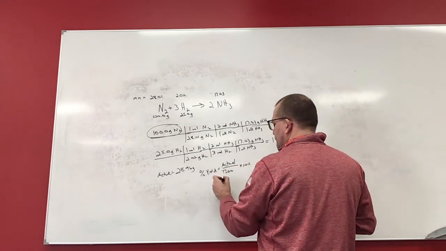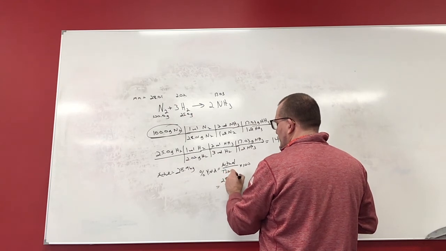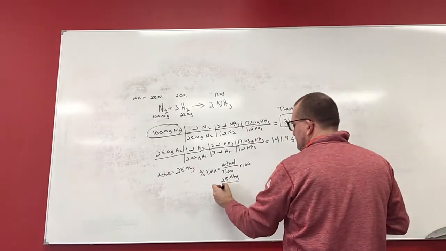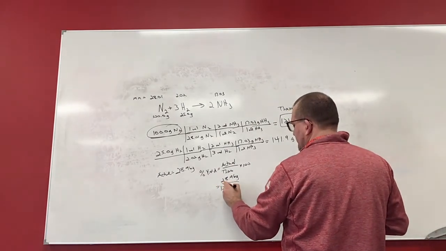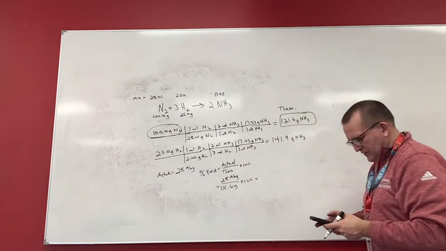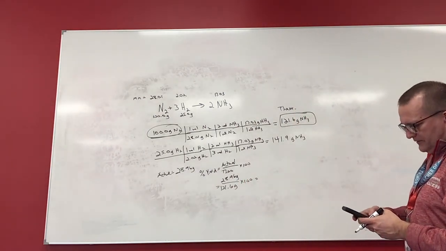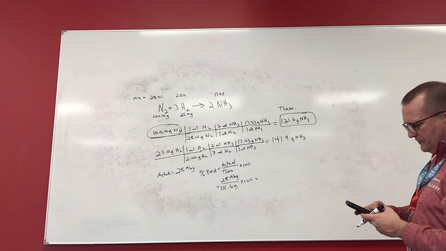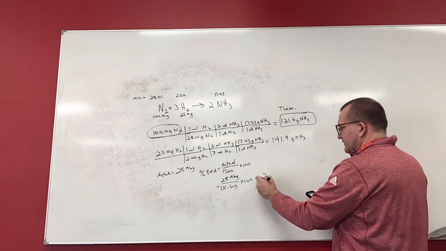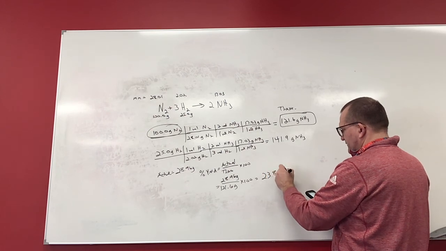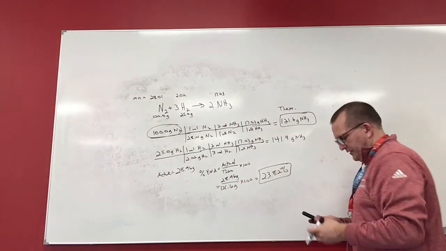So our actual is 28.96. Our theoretical is from our limiting reagent, 121.6 grams, times 100. So 28.96 divided by 121.6 times 100, and I get a yield of, with 4 sig figs, 23.82%.